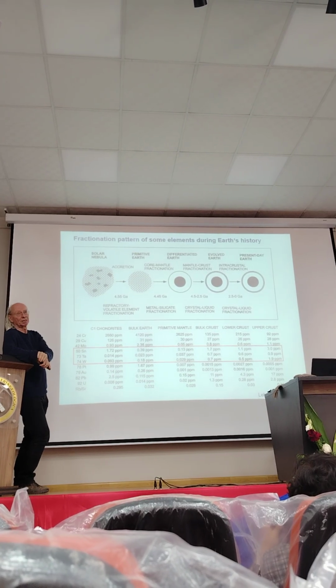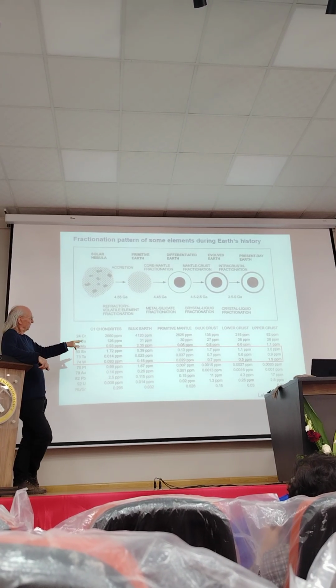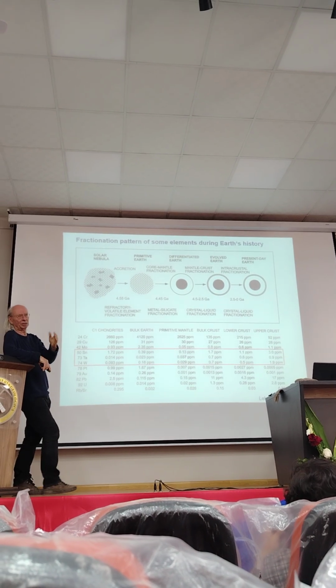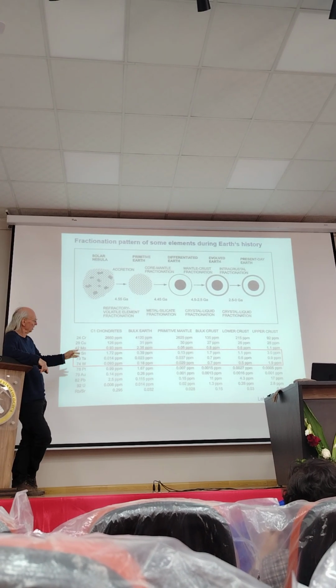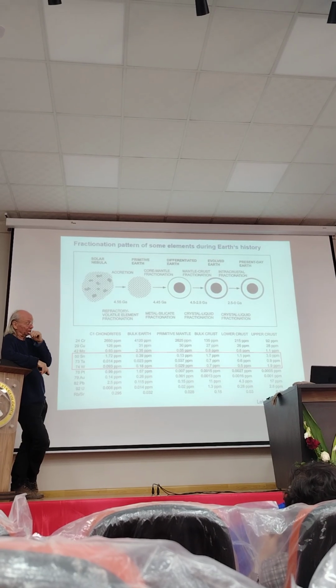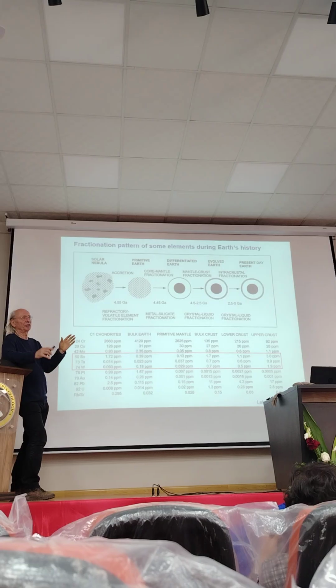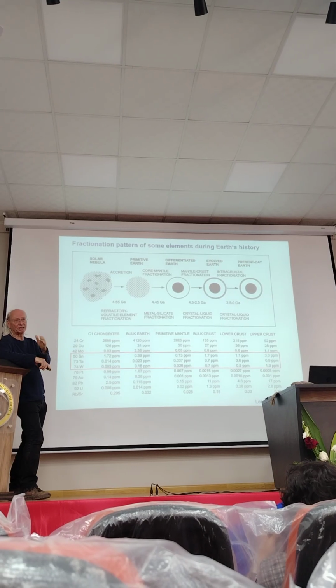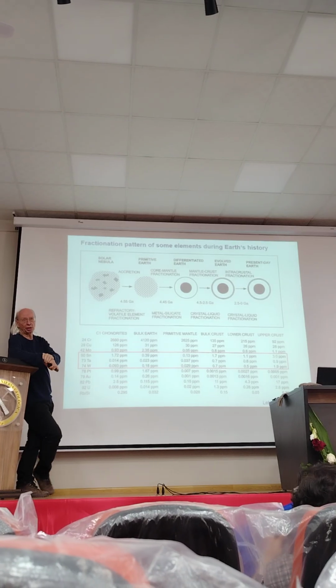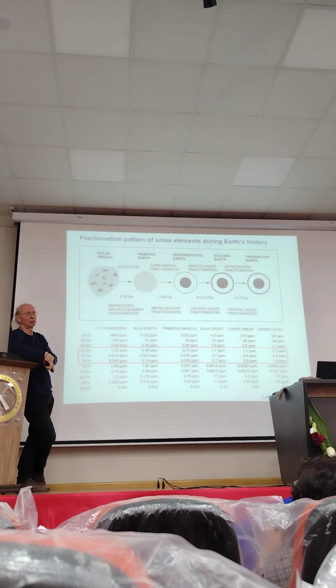The reason is that this kind of fractionation is called volatile fractionation, or volatile-refractory fractionation. Tin is a volatile element, a volatile metal. And during the accretion process, the volatile components are spilled out into the outer part of the solar system.